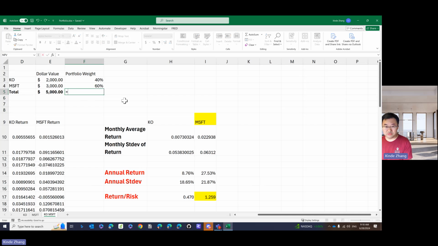So this time I'm going to use the sum formula again. The sum function will sum up the weights for Coca-Cola and Microsoft.